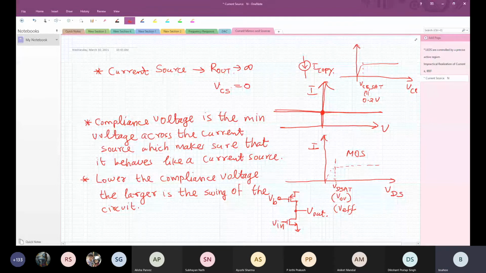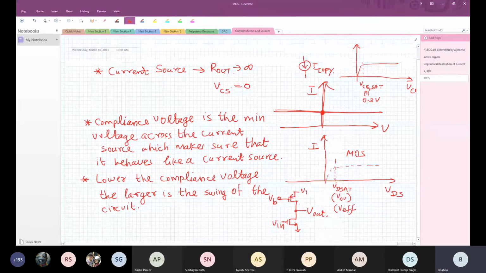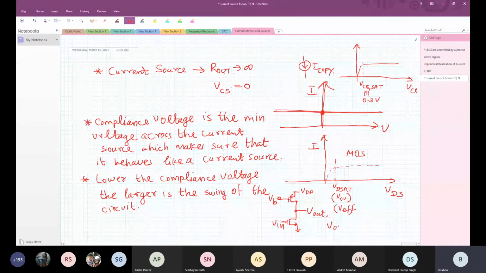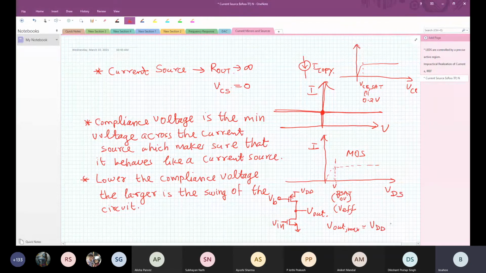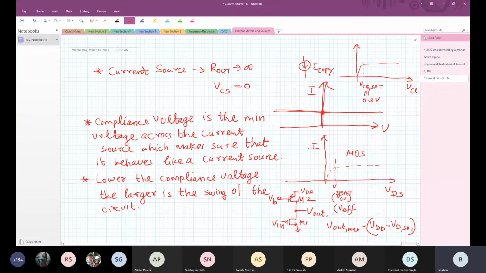The maximum voltage that this V out can reach is V out max equal to VDD minus VD SAT. This is a current source. So M1 and M2, M2 is a current source. If the VD SAT is smaller, it means this behaves like a current source with smaller compliance voltage, and you get larger swing in the circuit.